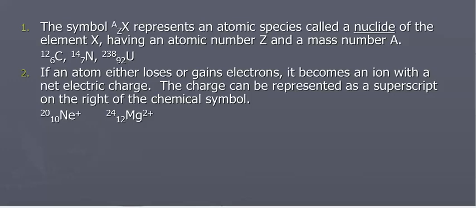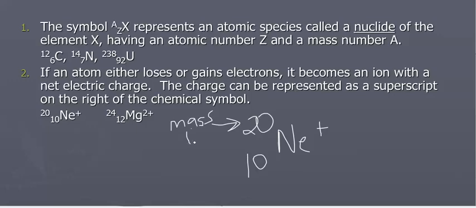Also, if an atom loses or gains electrons, it becomes an ion, so sometimes these will have a charge associated with them as well. For example, with neon-20, atomic number 10, with a plus charge, the top number is the mass number on this nuclide. The bottom number is the atomic number in the nuclide. And since there's a positive charge here, that means it is an ion.